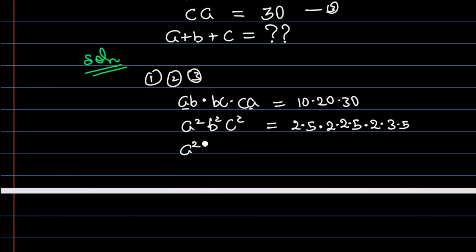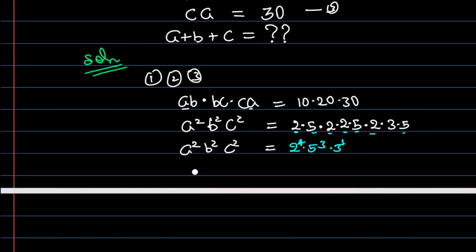So we get A square, B square, C square is equal to, taking this common, power of 2, so 1, 2, 3 and 4, 2 raised to the power 4, 5 is 1, 2 and 3, 5 raised to the power 3, and times our 3 is 3 raised to the power 1.